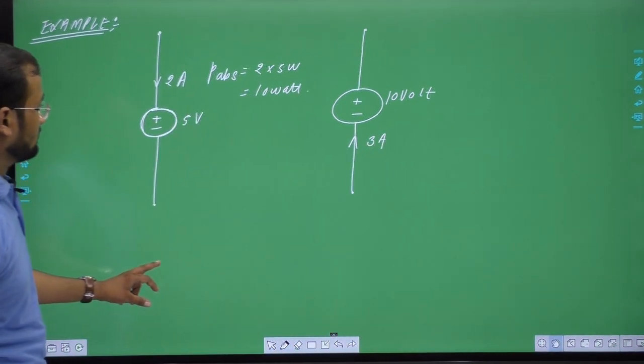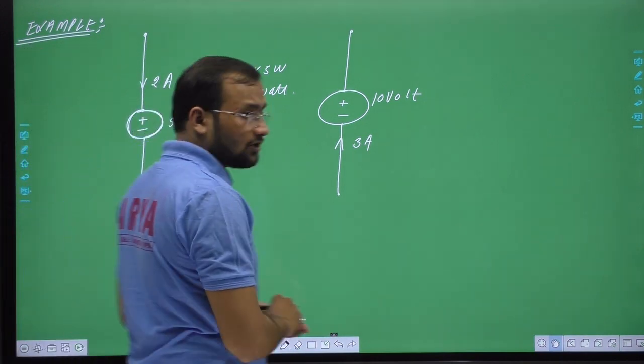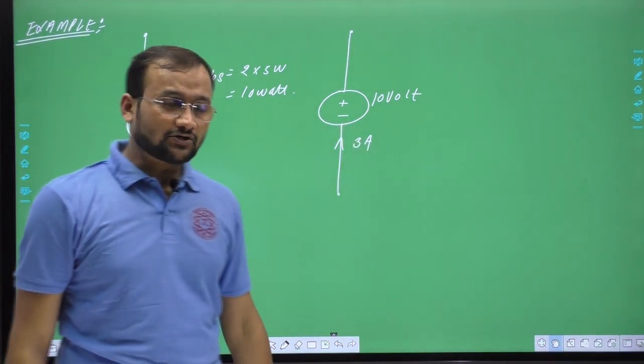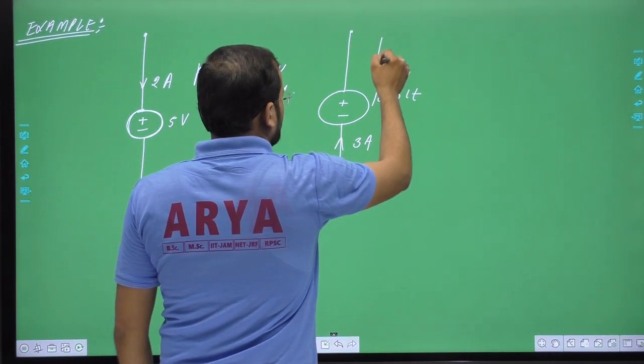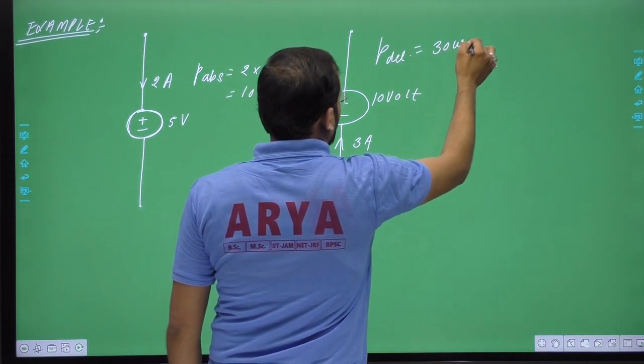Okay, if we have current direction like this, then as current is entering into the negative terminal and leaving from the positive terminal, delivered power is equal to 30 watt.